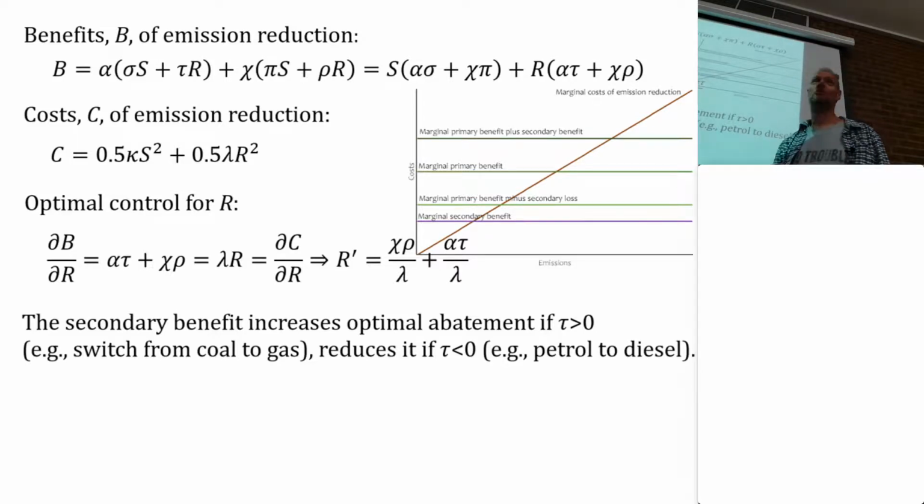But gas also comes in a much purer form, whereas coal always comes with contaminants, and particularly sulfur and other things, and therefore it doesn't burn as well, and it emits sulfur dioxide and what have you. So if you switch from coal to gas, you're going to reduce your CO2 emissions and you're going to reduce your air pollution. So in this case, tau is positive and you want to work harder on greenhouse gas emission reduction.